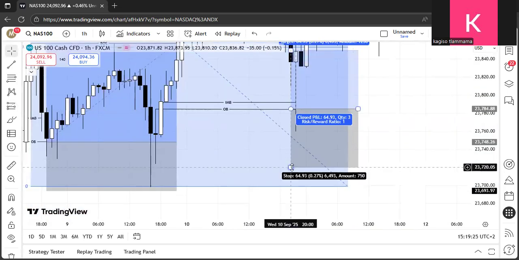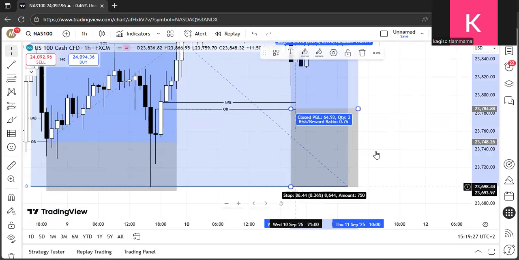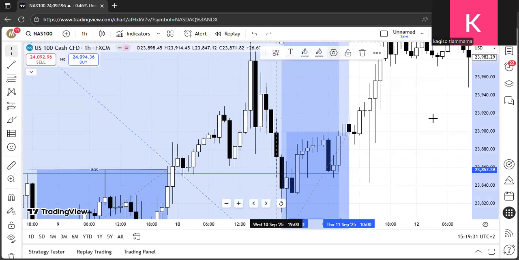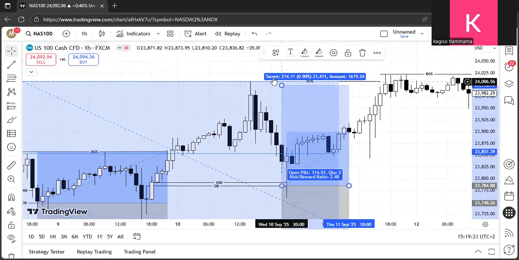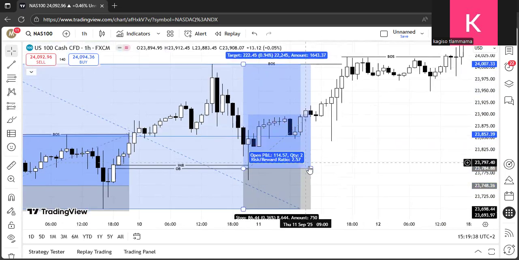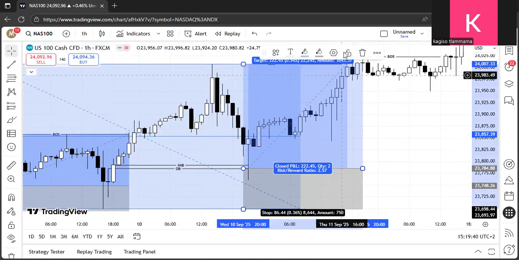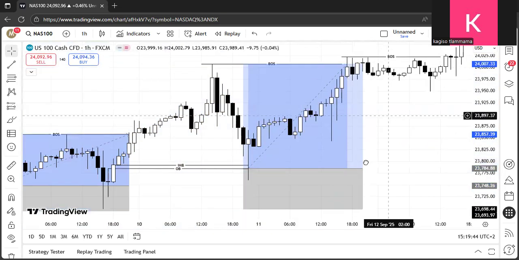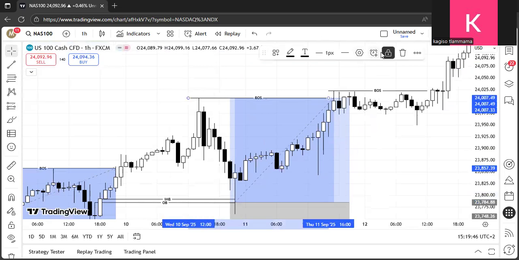And then remember, stop loss always at the low. And then our TP right there at the newly formed higher high. And then we hit our second take profit. Okay, let me just fix this real quick.